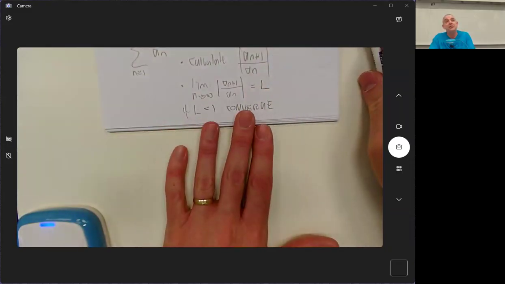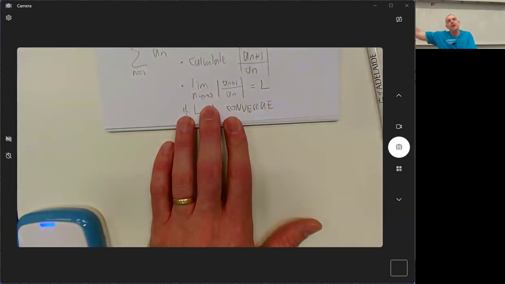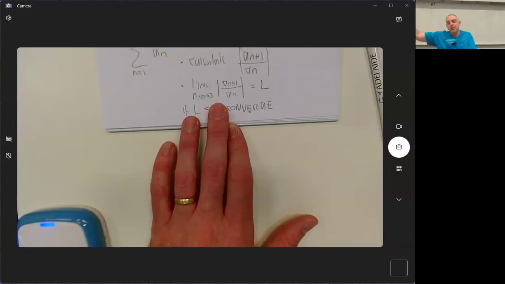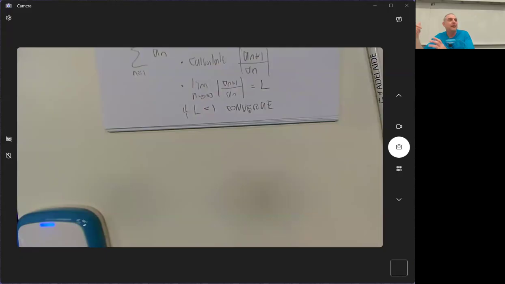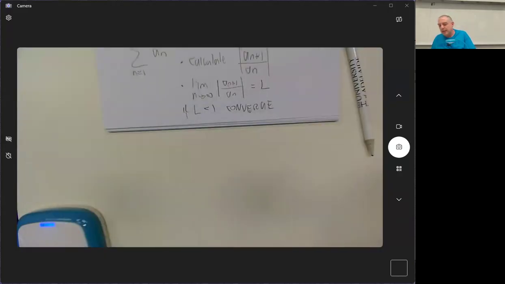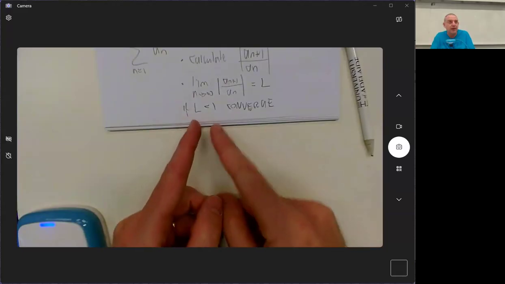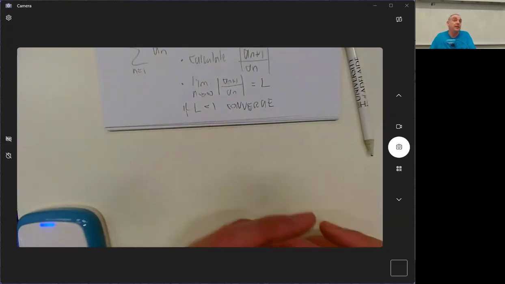And what that means is that way out there near the end at infinity, approximately each term divided by the one before is L, and so it's approximately L to the power of n. That's how a geometric series works. If you divide each term by the one before, you get the same answer every time, and it's the thing that goes in the spot where the x is. And so approximately, it's a geometric series with the x being less than 1. That's the idea.